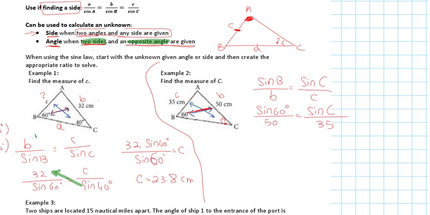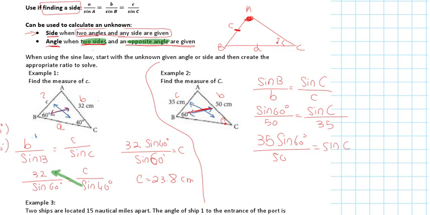Okay, what do you do now? Cross multiply. So you're multiplying the 35 by sine 60. I always recommend that you put the number in front of the sine, just because then you don't have to put too many brackets. So I usually go 35 times sine 60 over 50. Okay, so again I did cross multiply.